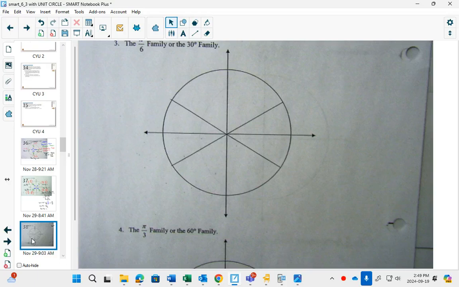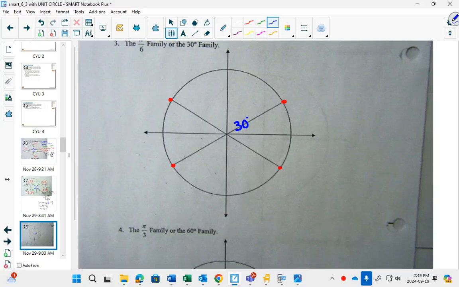Ready for the next family? The 30-degree family, draw your dots. For this one, I'm going to give you a 15-second head start to finish the degrees on your own.